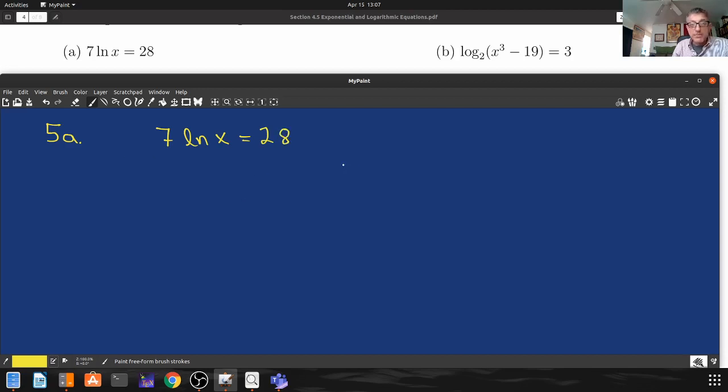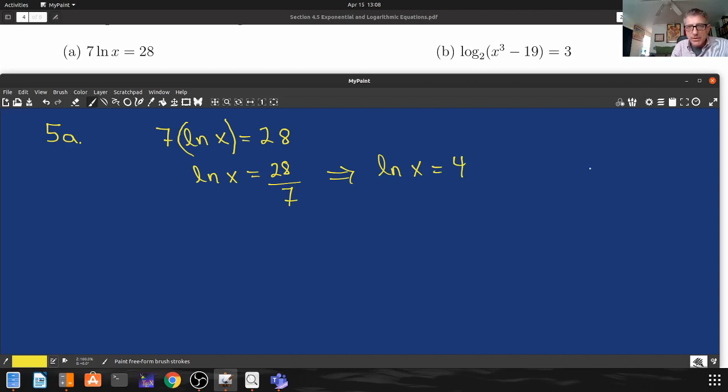I'm going to divide both sides through by 7. That implies the natural log of x is equal to 28 divided by 7, which implies the natural log of x is equal to 4.